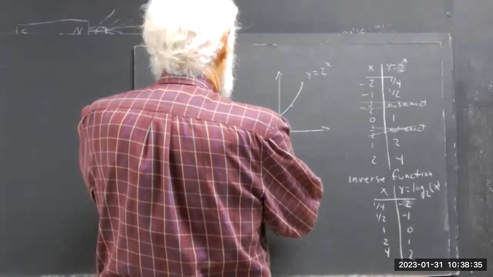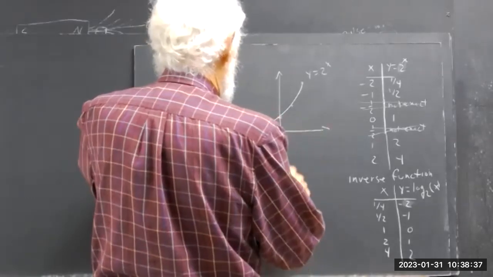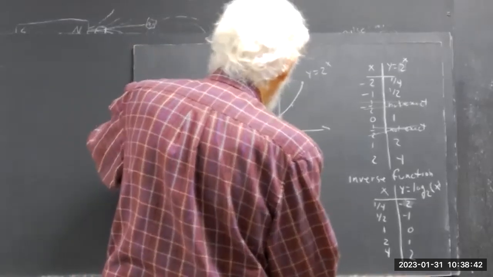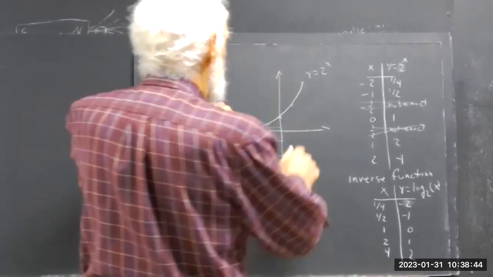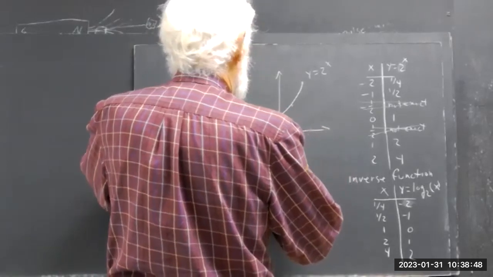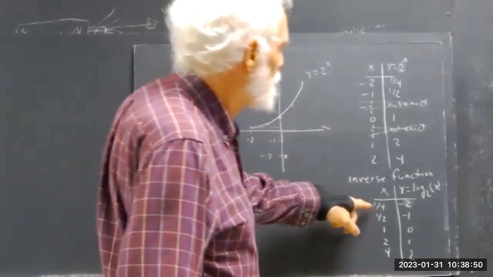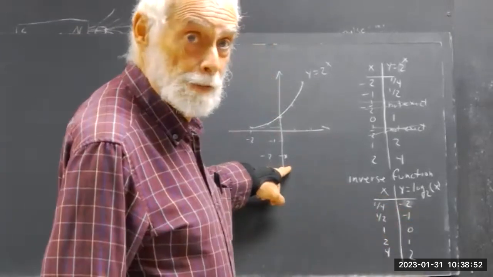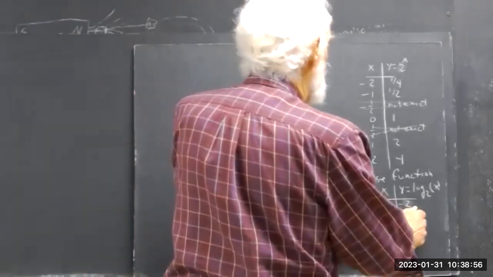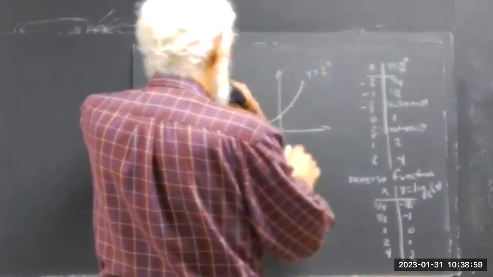And the x coordinate is 1/4. Well, if the y coordinate, which is 1/4, becomes the x coordinate, you can plot this point, you can verify that it's here. So this point corresponds to this one. Okay, this point corresponds to this one, which is here.